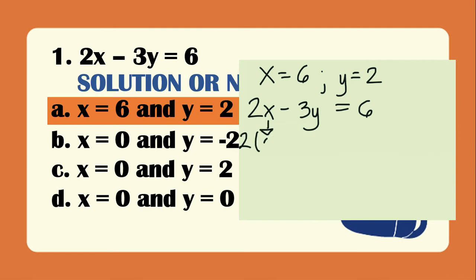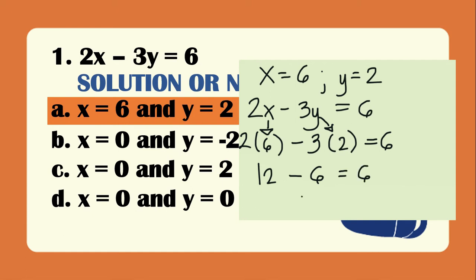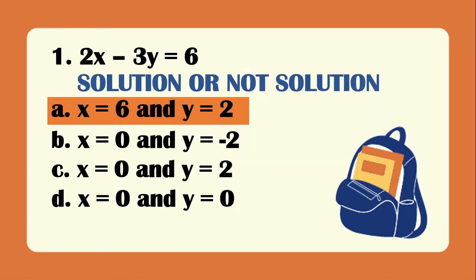It will become 2 times 6 minus 3 times the value of y, which is 2, and then copy equals 6. We will multiply 2 and 6, so that is 12. Negative 3 times 2, that is negative 6 equals 6. 12 minus 6, that is 6 equals 6. Meaning, 6 and 2 are part of the solution.